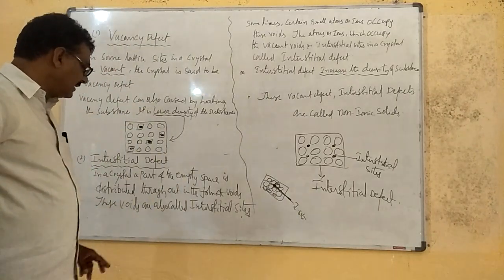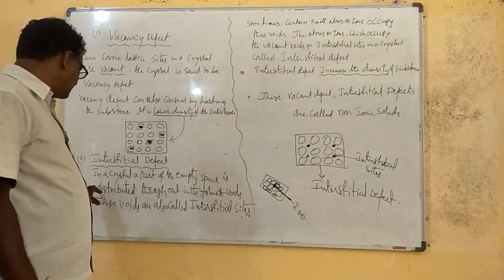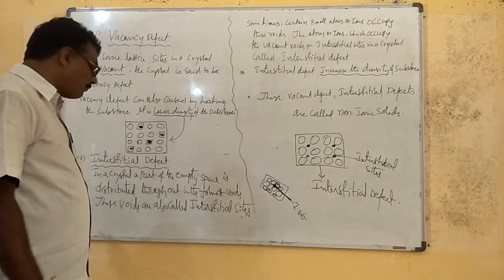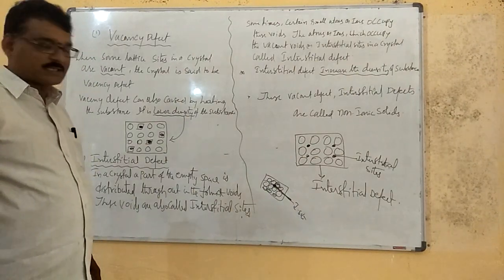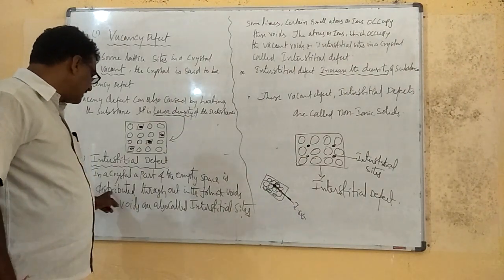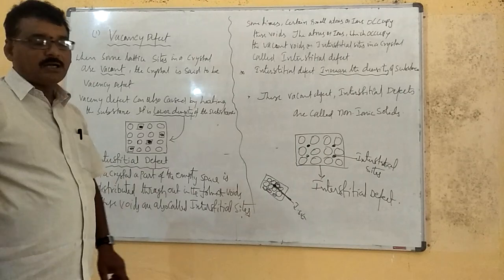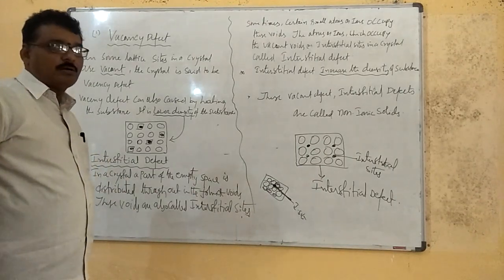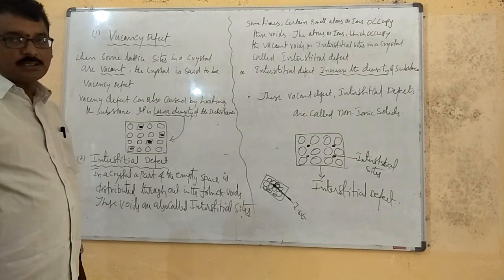In a crystal, a part of the empty space is distributed throughout in the form of voids. Voids means space. These voids are called interstitial sites.